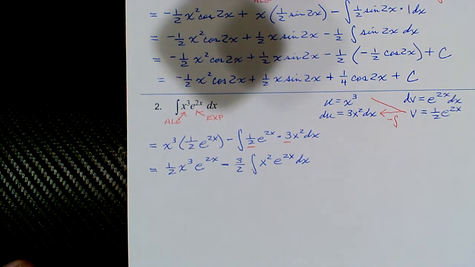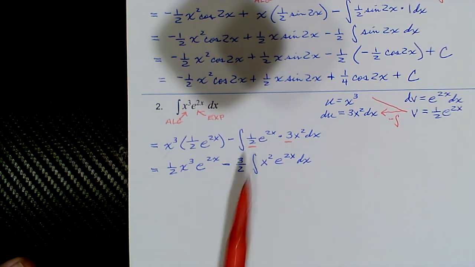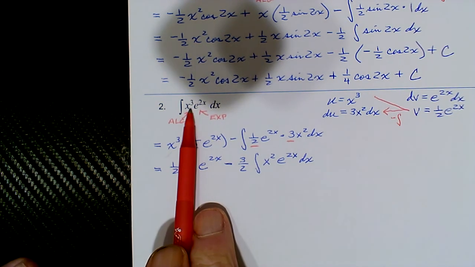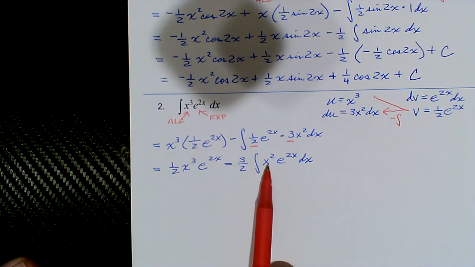Alright, now notice what happened here, and you might be getting the idea about these powers of x. We started with x cubed that was bothering us. One application of integration by parts brought it down to x squared. So you can imagine now that if we do it again, another application of integration by parts, this will be depressed down to an x, and then finally a third time it will vanish.